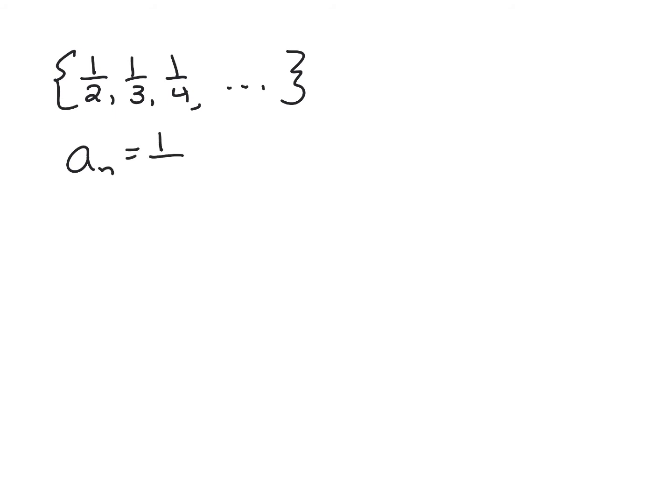New page. So, for instance, if you have a sequence that looks like this, 1 over 2, 1 over 3, 1 over 4, and continues infinitely that way, then your a sub n is simply 1 over n plus 1 if n is 1, 2, dot, dot, dot.